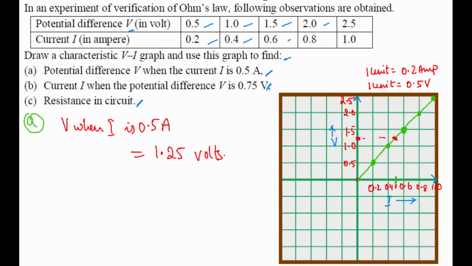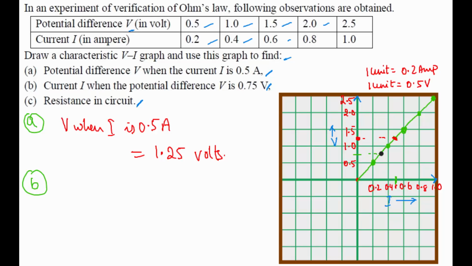Now B part. What is B part? Current I when the potential difference V is 0.75 volts. So 0.75 volts is exactly at the center of 0.5 and 1.0, right? Here it will be.